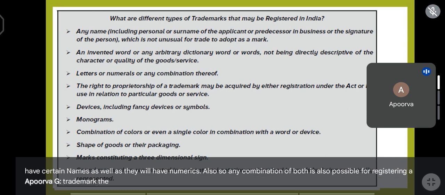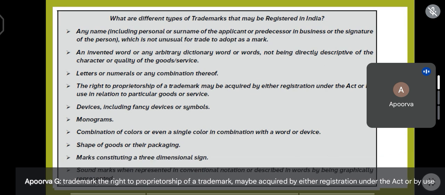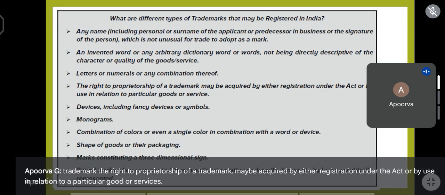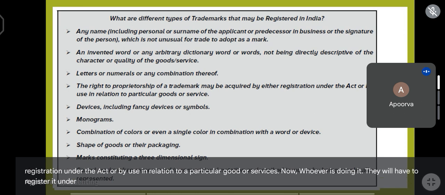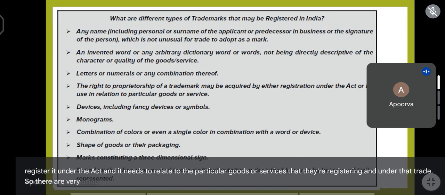The right to proprietorship of a trademark may be acquired either by registration under the Act or by use in relation to particular goods or services. Whoever is doing it will have to register it under the Act, and it needs to relate to the particular goods or services that they are registering. There are various trademark chapters, so you will have to go to that chapter and register.